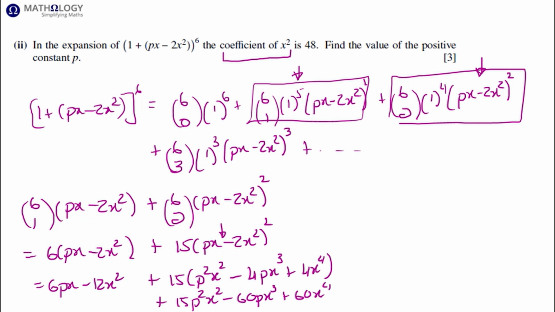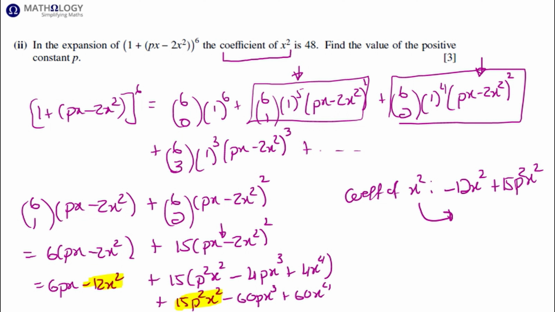The only thing we're interested in are the terms that contain x squared. So we're only interested in this term over here and that term over there, because they're the only terms that contain an x squared term. So the coefficient of x squared, we have minus 12x squared plus 15p squared x squared.